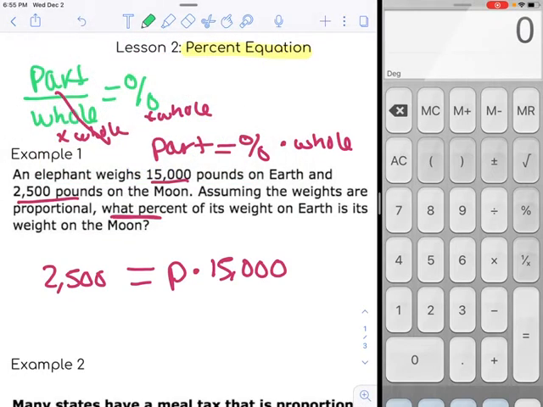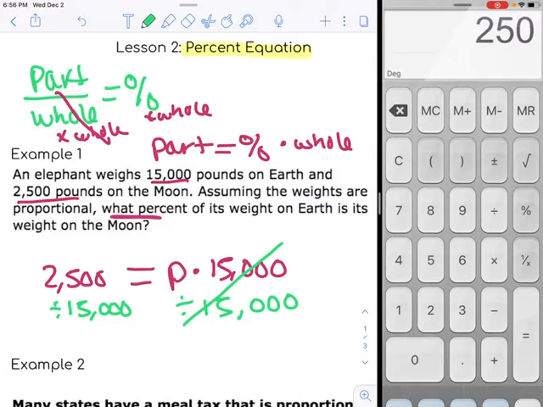Now, to solve for my percent, I want to undo this operation, solving a one-step equation. To undo my multiplication, I want to divide. So I'm going to divide by 15,000 on both sides. This is going to cancel out here. Then I'm going to do 2,500 divided by 15,000, which gives this big repeating decimal, and I'm going to round it to the nearest hundredths place.